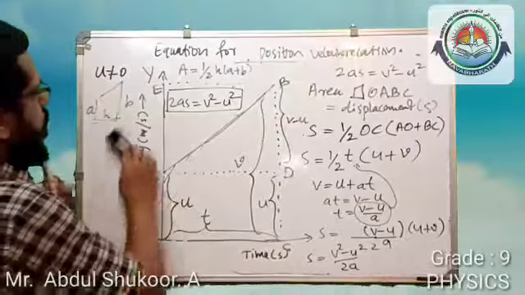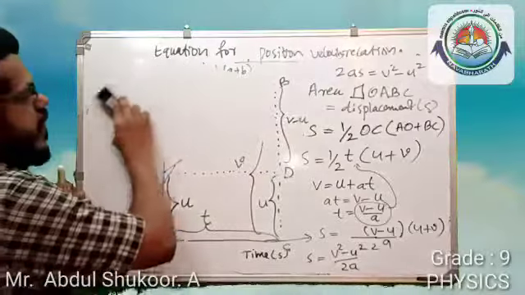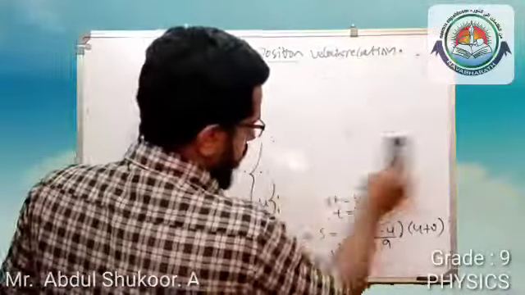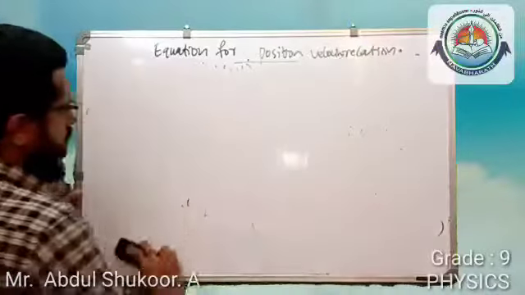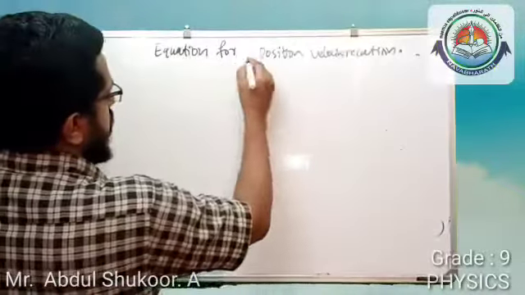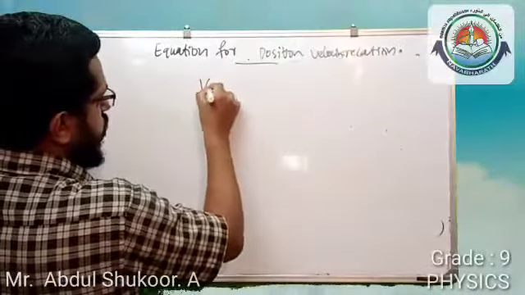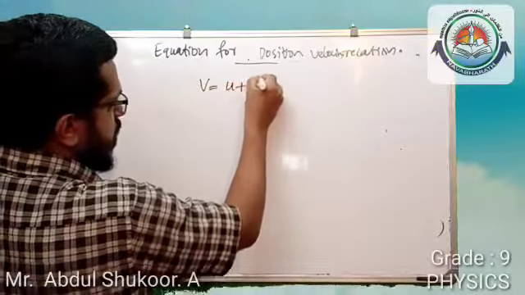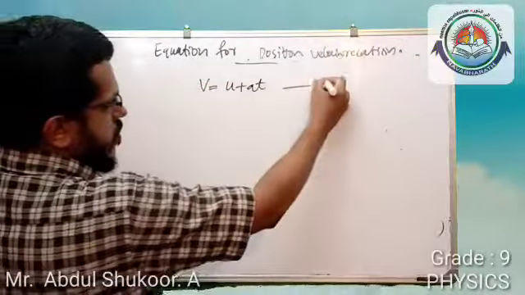Then how can we conclude what the equations of motion derived from the graph are? We derived three equations of motion from this graph. The first equation of motion is v is equal to u plus at. This equation represents the velocity-time relation.